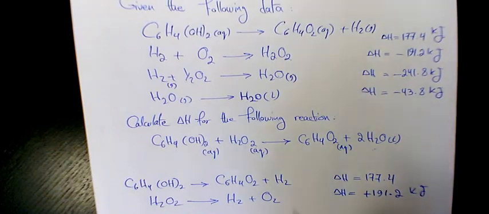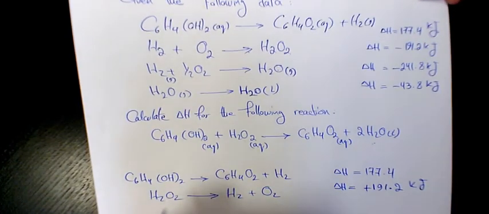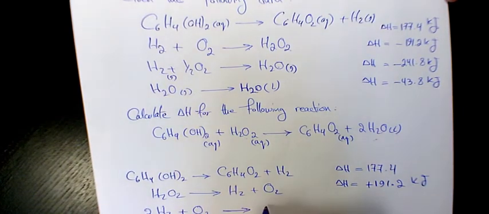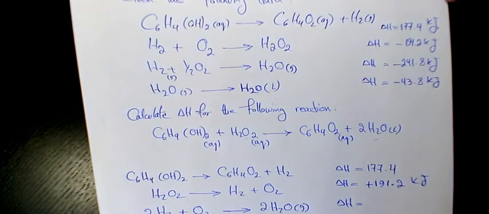Yeah, we need to multiply that one by 2 as well. So I'm going to make the third reaction 2H2 plus 2 times half is just going to be 1. It's going to be 2H2O in gas. Delta H is going to be 2 times 241.8, which is negative 483.6 kilojoule.